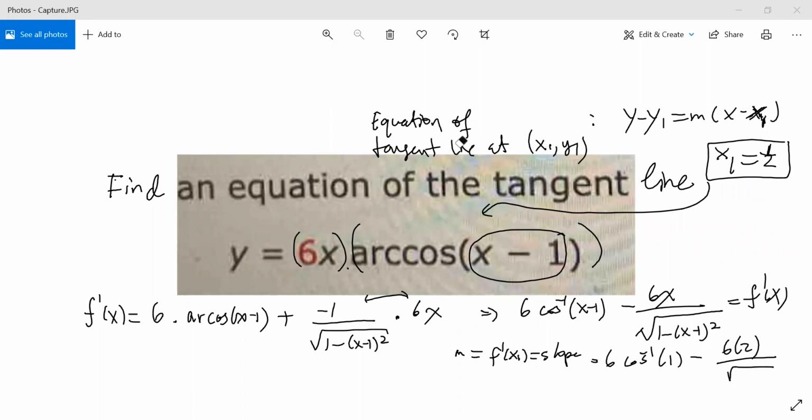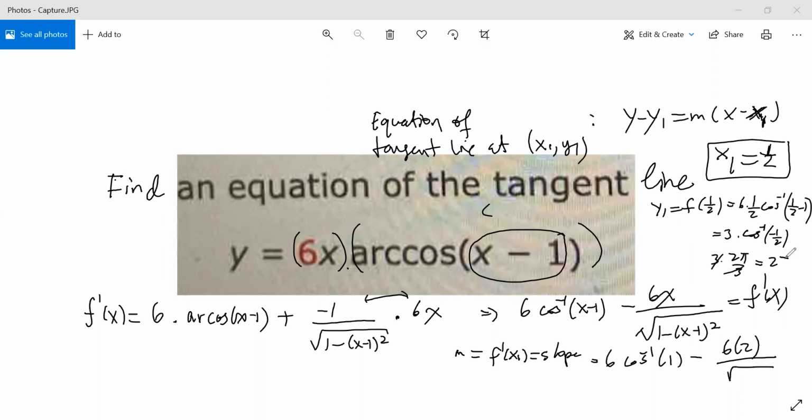Now we can compute y1, and y1 is just going to be f of 1/2, that's 6 times 1/2 cosine inverse of 1/2 minus 1. This is 3, and then this is cosine inverse of negative 1/2, which is 2 pi over 3. So 3 times 2 pi over 3, that's 2 pi. So y1 is 2 pi.